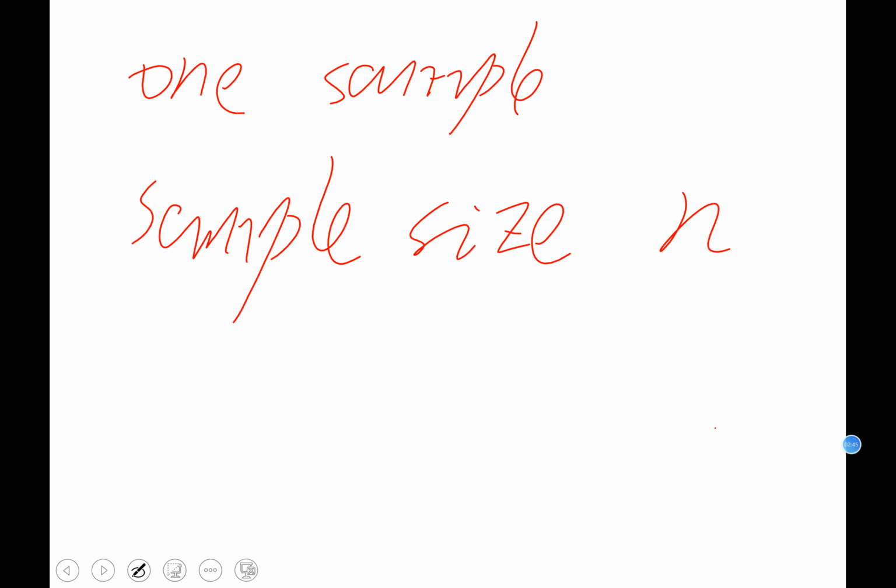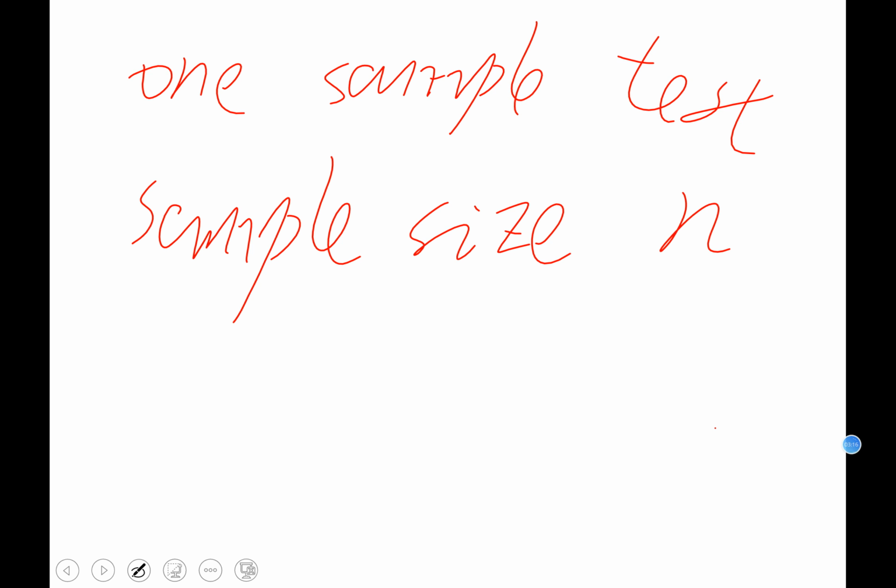So, if you can find only one number of n, that means there is only one sample in the question. So in Chapter 5, we have learned one sample tests. That means there is only one sample in the question. There is not another one.